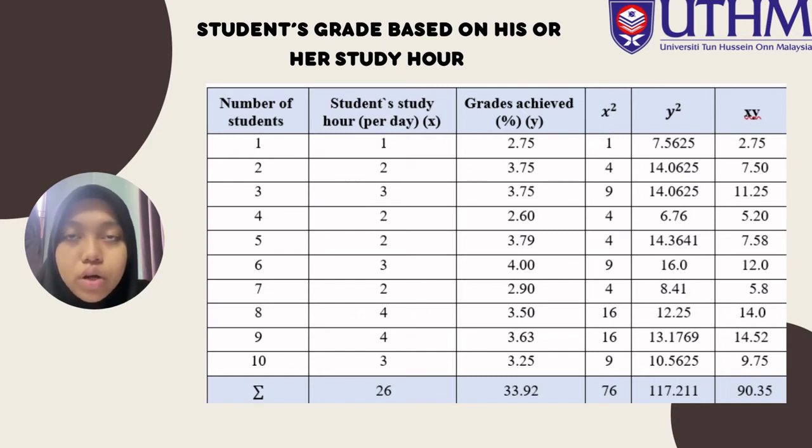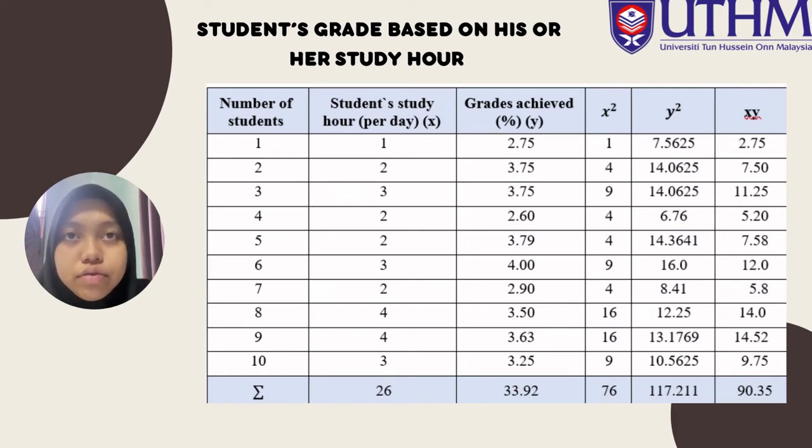For example, 2.75 squared gives 7.5625. You repeat this until student number 10 and their grade achieved.